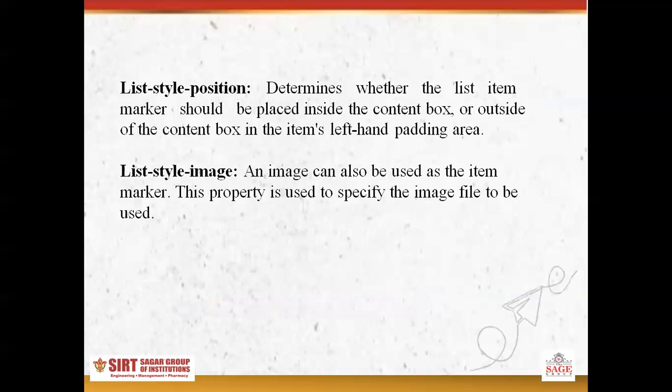Next is list-style-position. Basically here you are going to talk about the position or place, the content box location. It determines whether the list item marker should be placed inside the content box or outside the content box, on the left-hand side or right-hand side, or you can provide padding area, left padding or right padding.